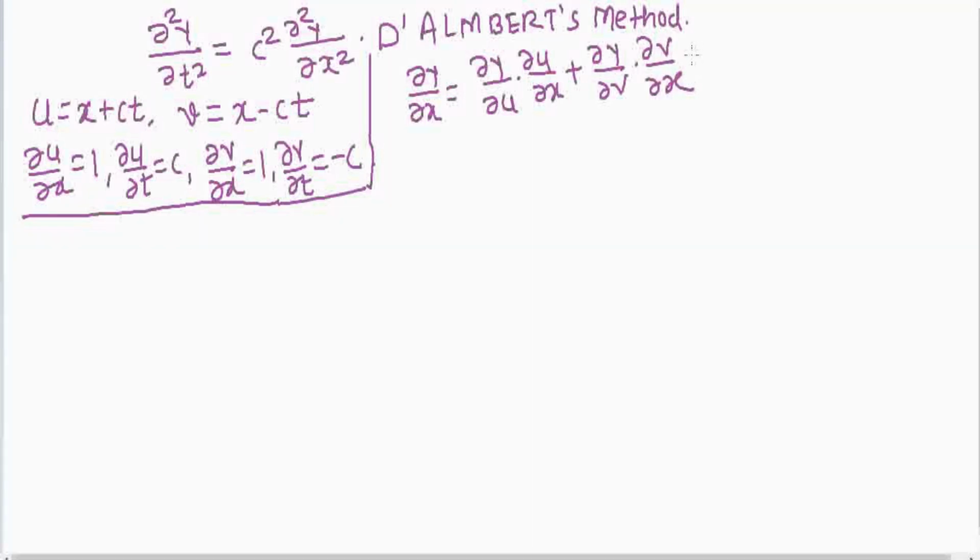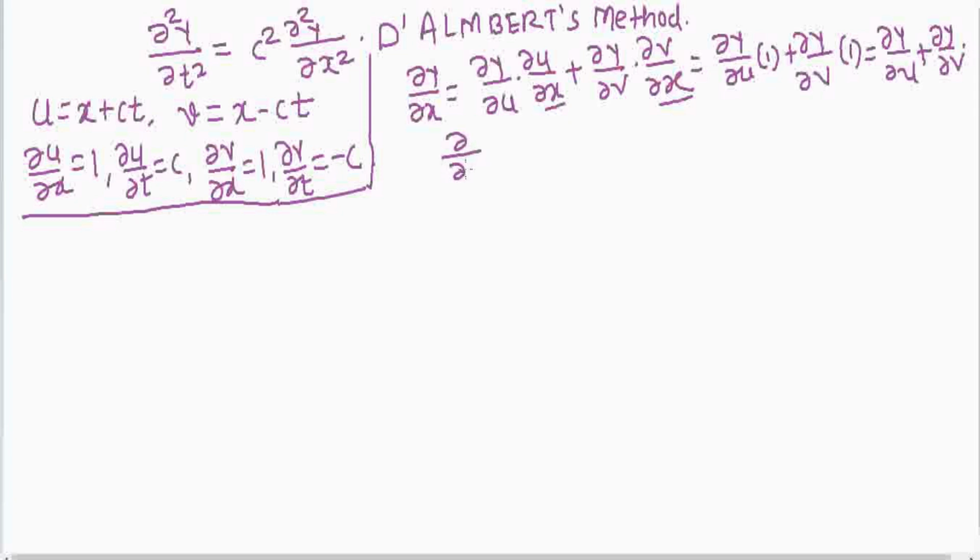We are transferring this y in terms of new variables u and v, but del u by del x and del v by del x is equal to 1, so this will be converted into del y by del u into 1 plus del y by del v into 1 equal to del y by del u plus del y by del v. Okay, so that means we have del by del x is equal to del by del u plus del by del v.